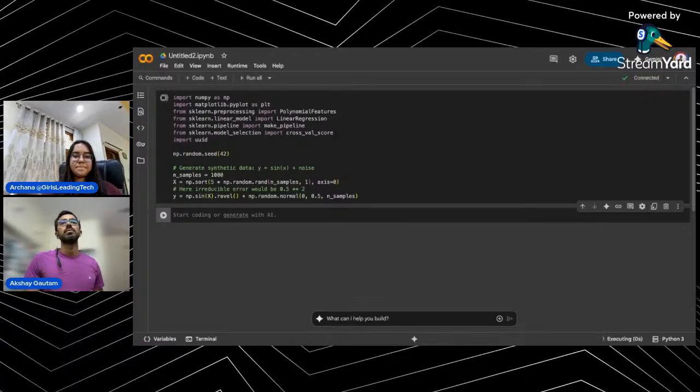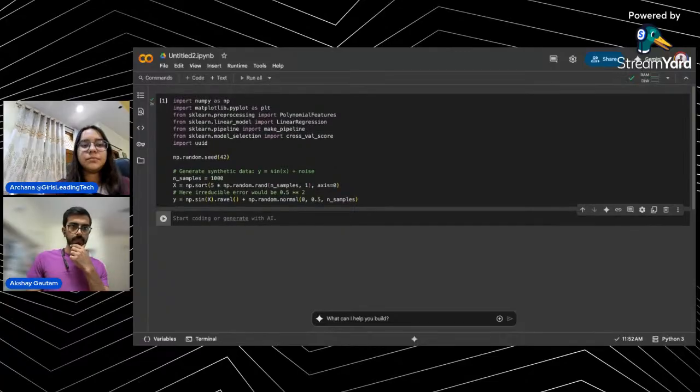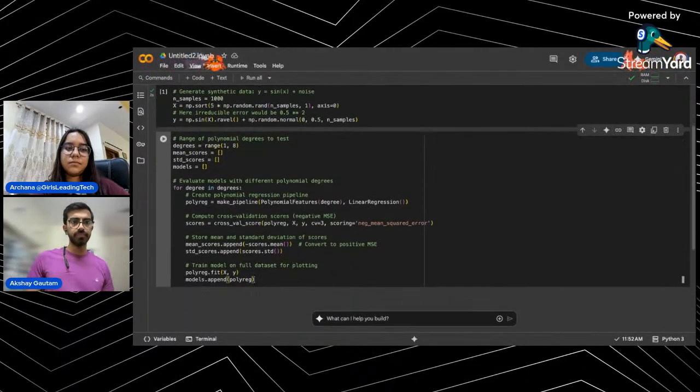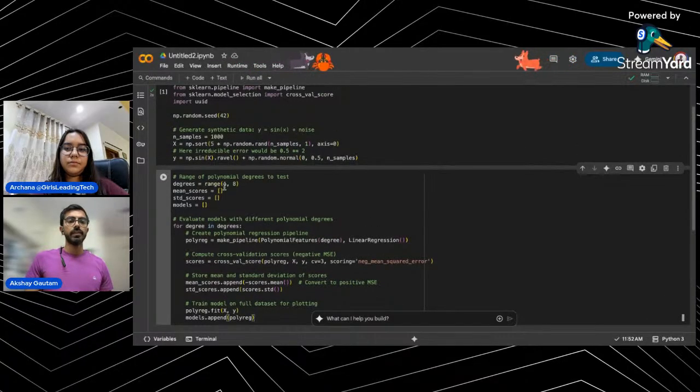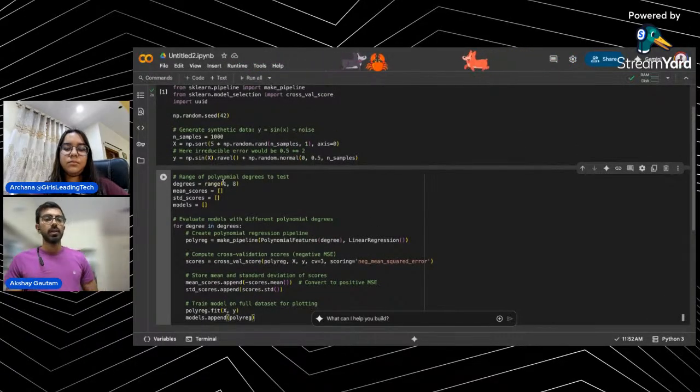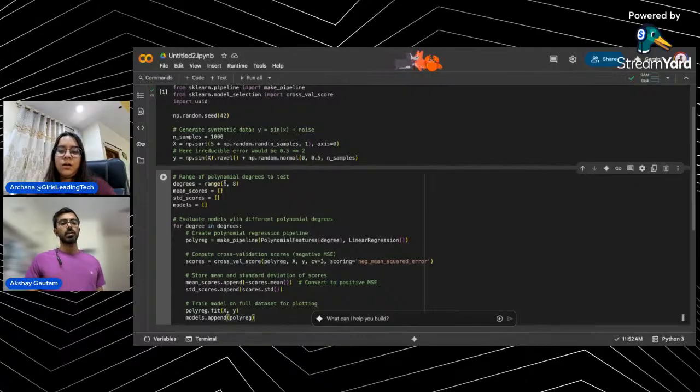Okay, this works. Now here, if we have degree equal to 1, it means it's a linear regression, a single degree polynomial.